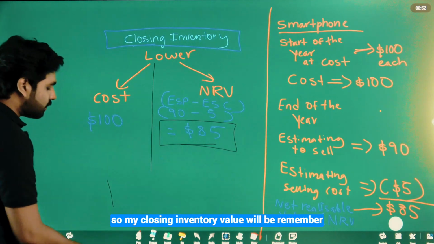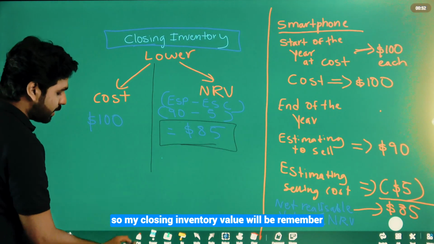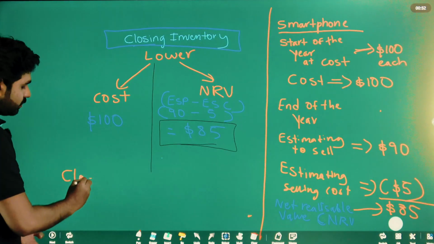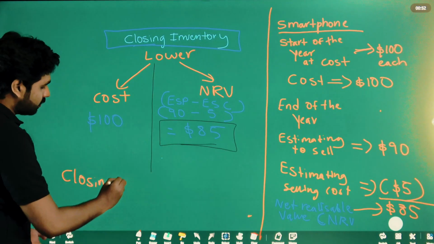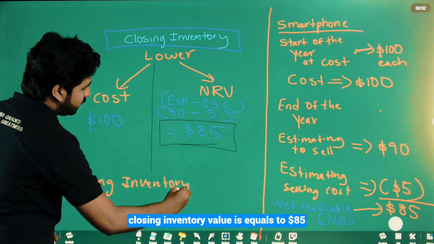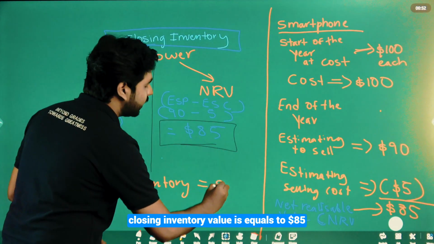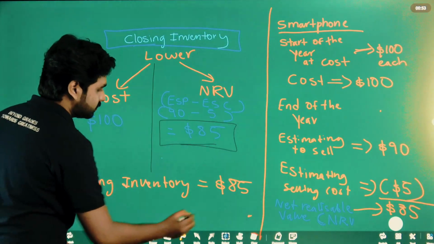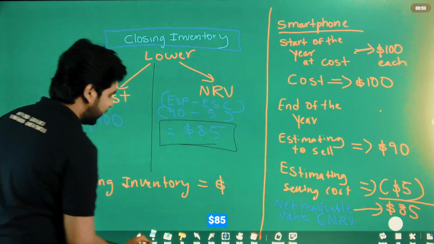So my closing inventory value will be, remember, closing inventory value is equal to $85.